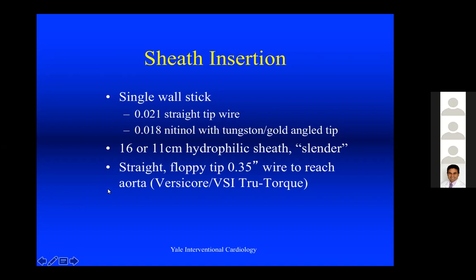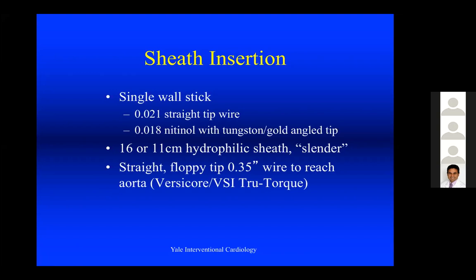Once you get access, depending on the patient, you can use a J-wire, but very often the J-wire fails to navigate the radial artery, and you'll meet a lot of resistance trying to get into the brachial.